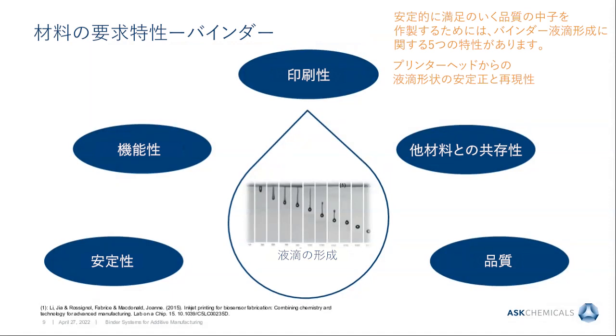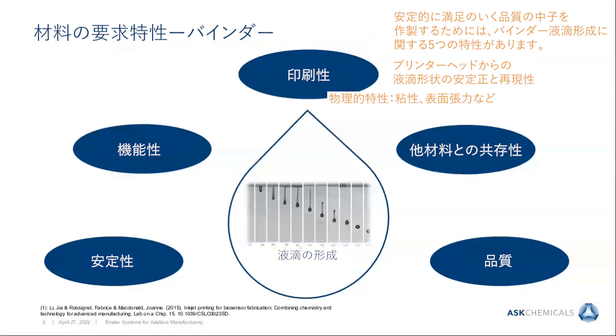There are 5 aspects of the binder that, in my opinion, have to be fulfilled to generate this stable and satisfactory drop formation. This, for one, would be printability, which can be described as a combination of physical properties like viscosity, surface tension, or density.